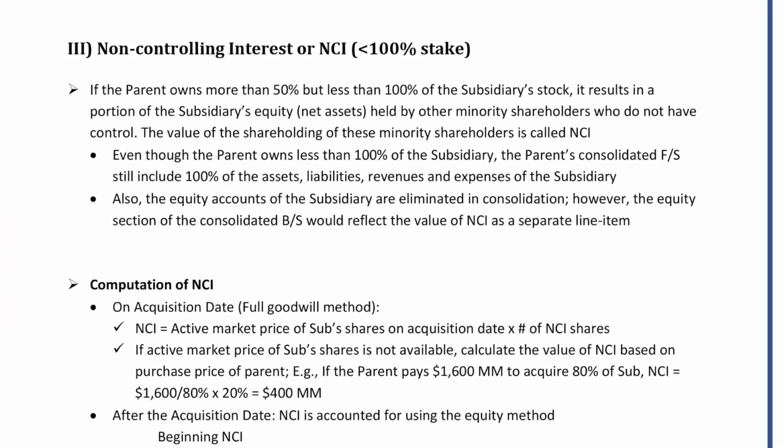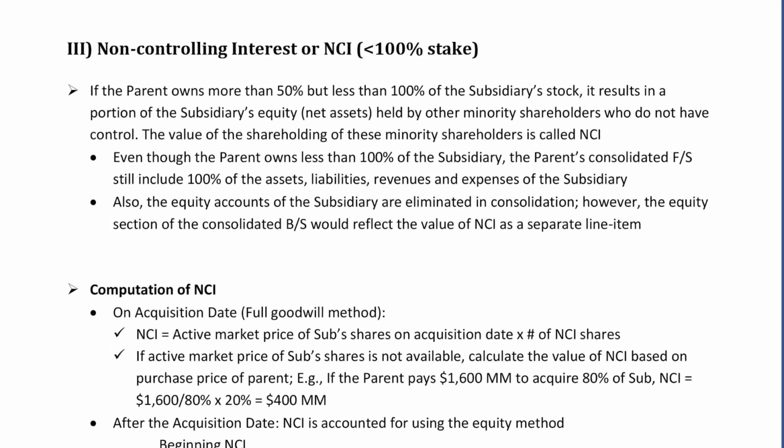Now turn back a couple of pages and get to page 10, where we're looking at non-controlling interest, which is created when the parent acquires more than 50% but underline less than 100% stake. Highlight computation of NCI, and we know, highlight on acquisition date, use the full goodwill method.